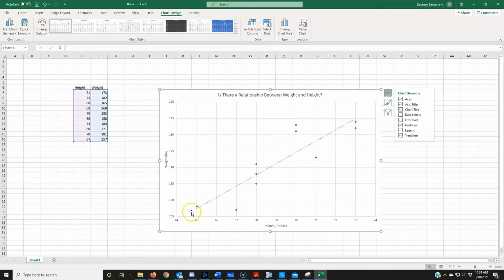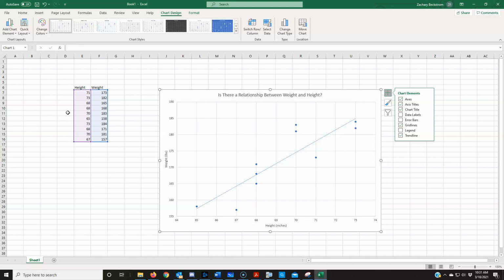And we can see that it's going from lower left to upper right, so that is a positive slope, which means a positive correlation. And that means that as the height of somebody increases, the weight is also increasing, and vice versa. As somebody's height decreases, their weight on average decreases, which makes sense, right?